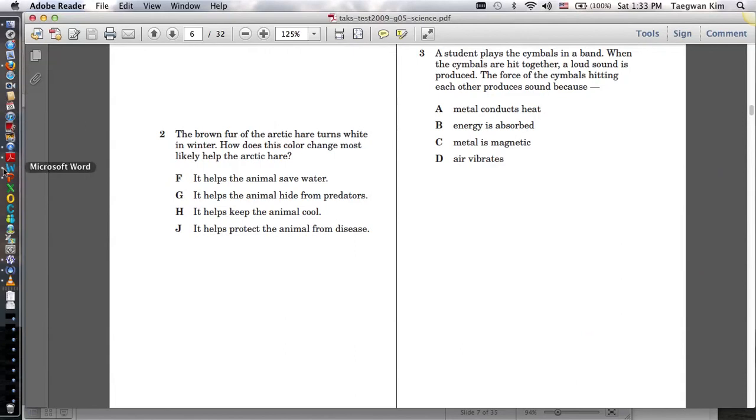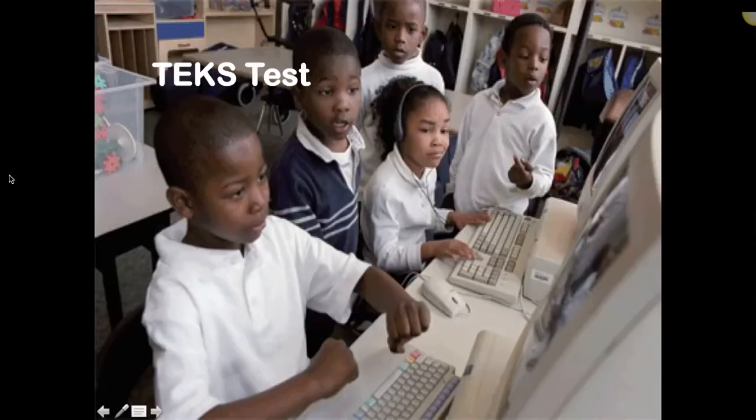So when you see the national test, then you will understand how your teaching is. So try to check the Texas test and see if your teaching is balanced based on the Texas standard.